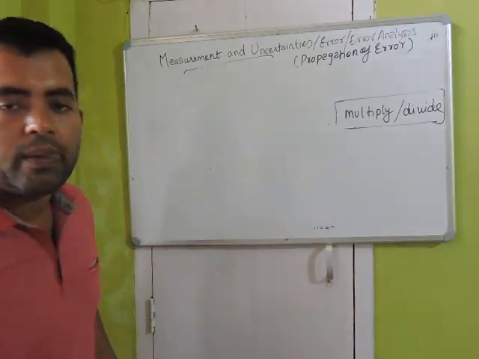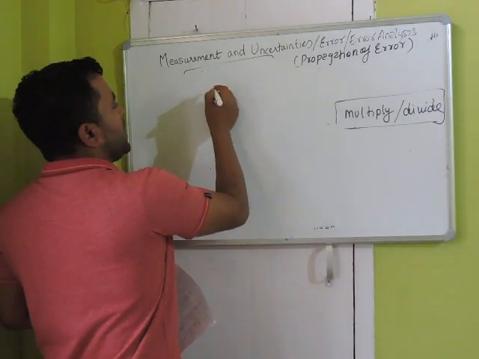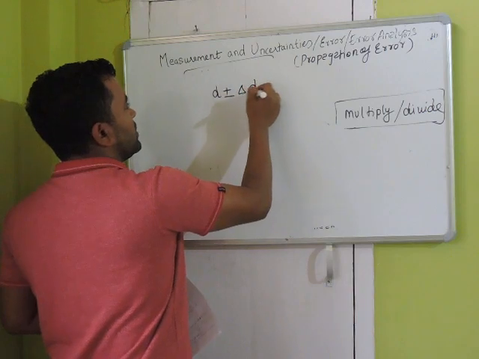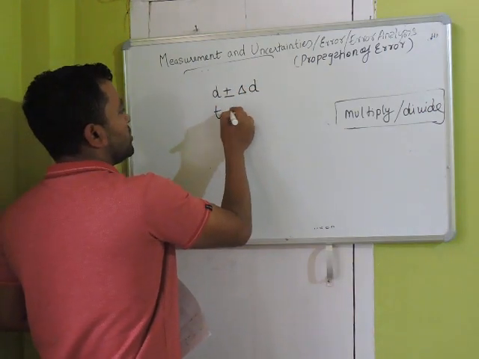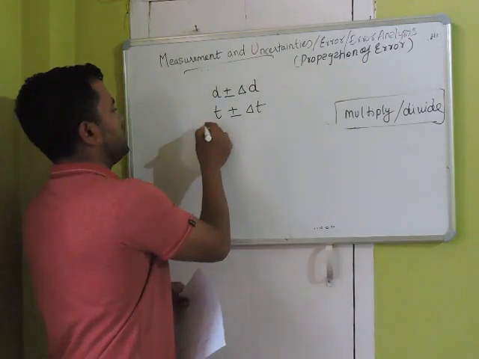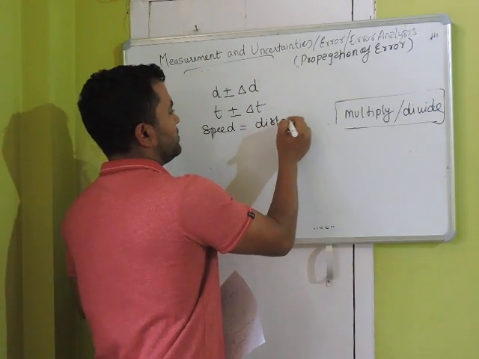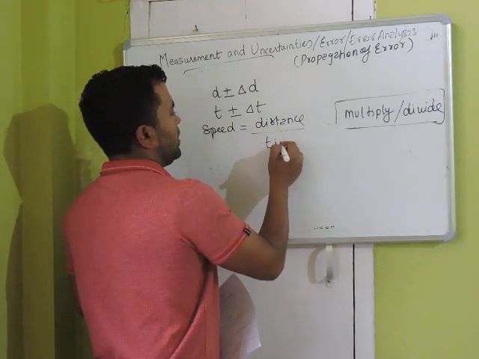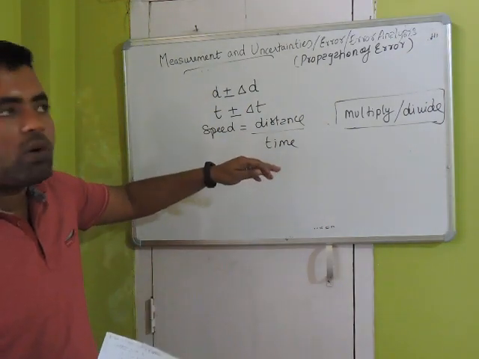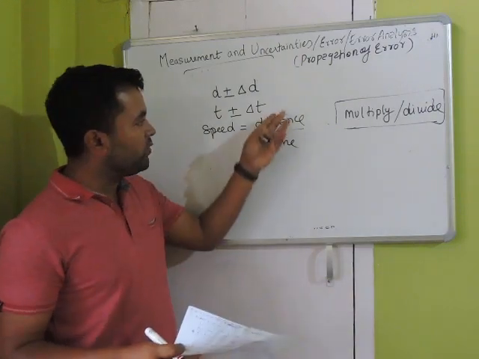Now let us say we are measuring distance, and distance came out to be this with some uncertainty, and time came out to be this. So we are trying to measure speed, right? So speed is distance by time. Now if I calculate speed, how will error propagate if we divide two things?